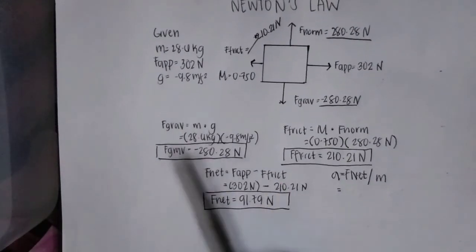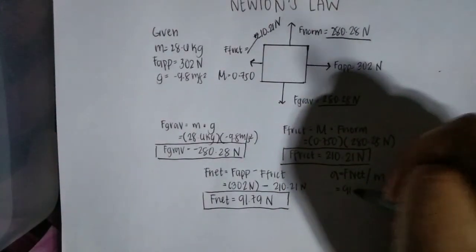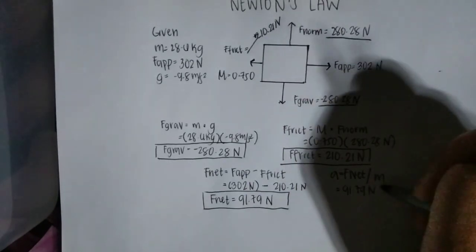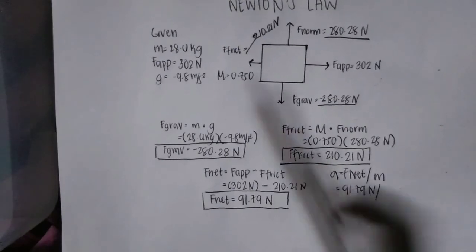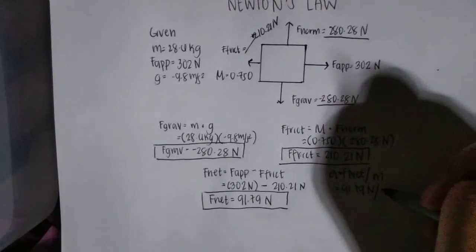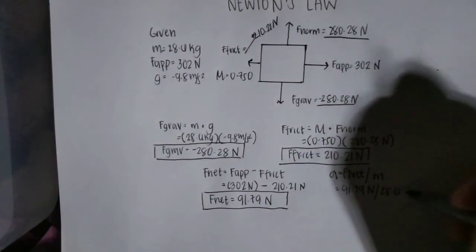Our F net is equal to 91.79 newtons over our mass, which is 28.6 kilograms.